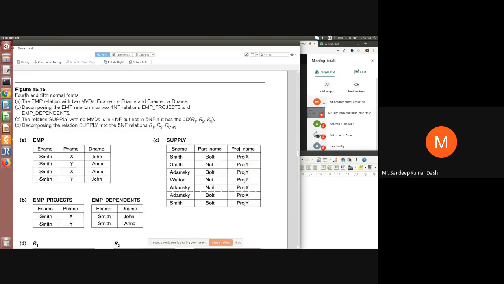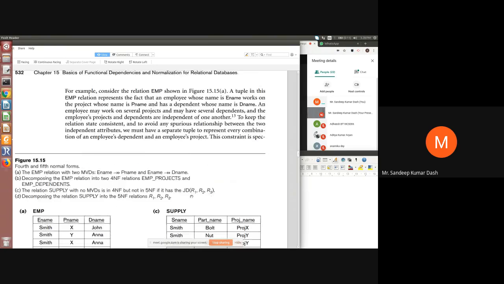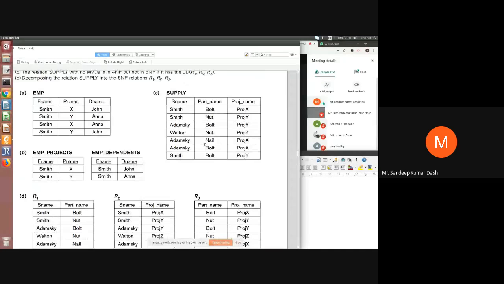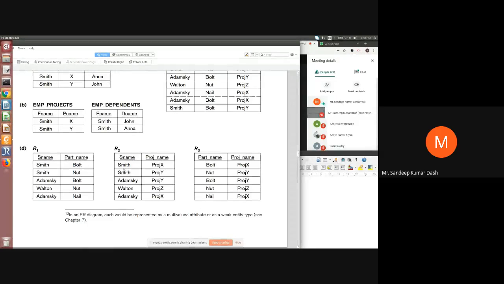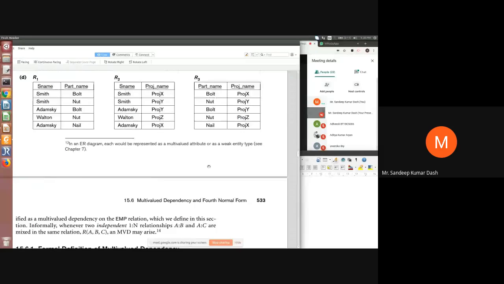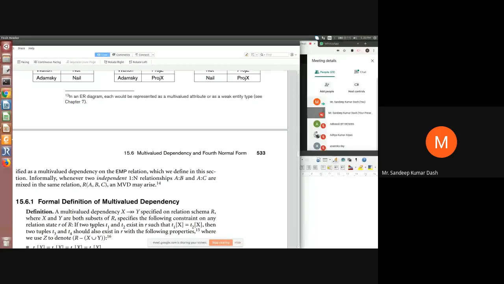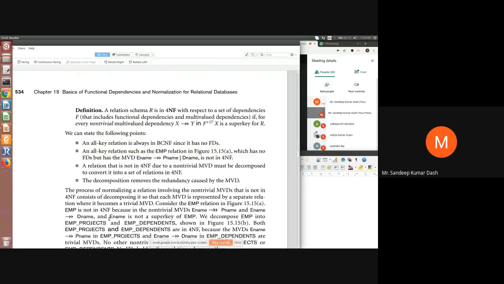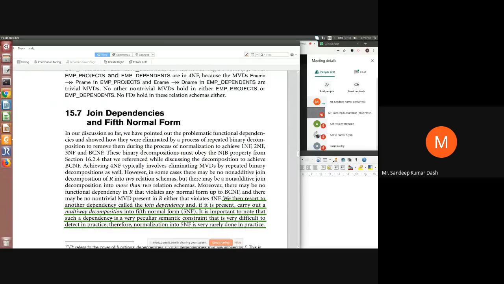Up to this dotted line. It is given here. If you read the book, it is given here. The example considers up to this only. That means many persons up to this part. These two rows are not there. These are spurious tuples. We'll see in a small point. These are the two tables you got out of this. Here it is mentioned somewhere. Let me show you.